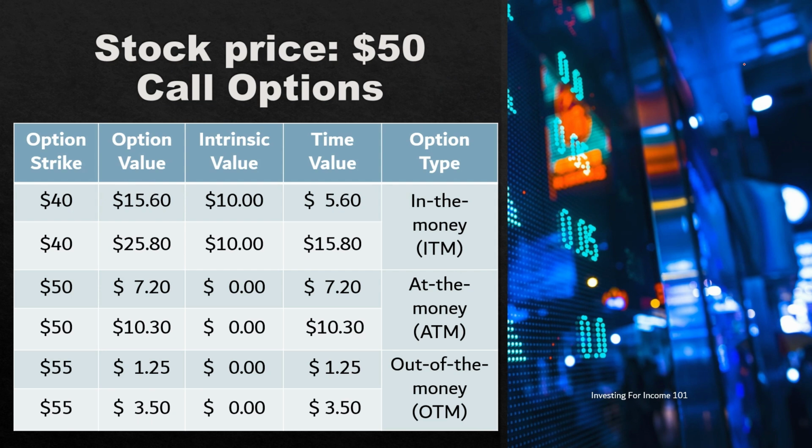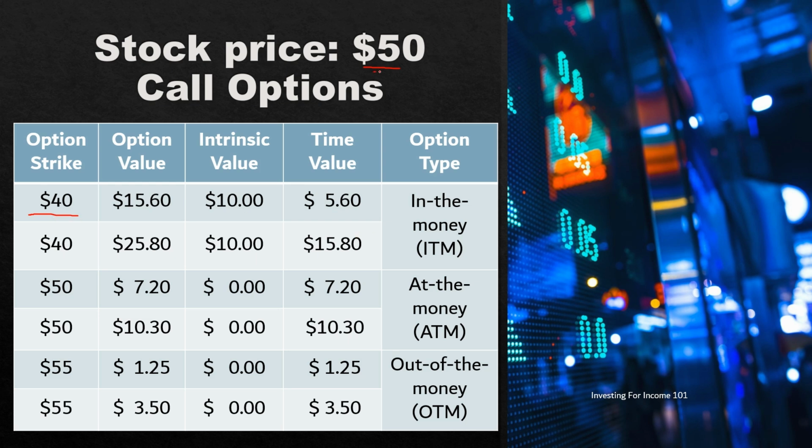For my examples, the underlying stock price will be at 50, and we will be looking at call options only. If we have two call options with a strike price of 40, then with the stock price at 50, the option is in the money by $10.